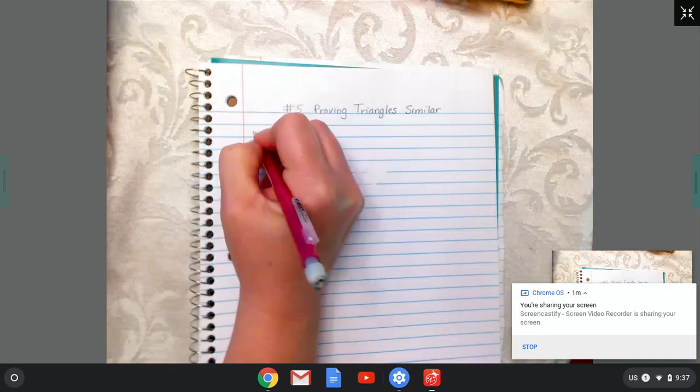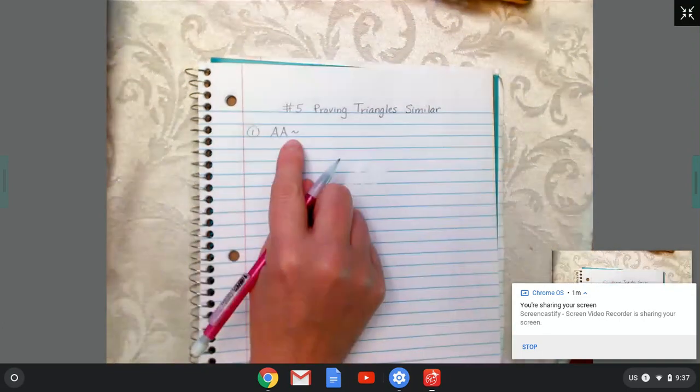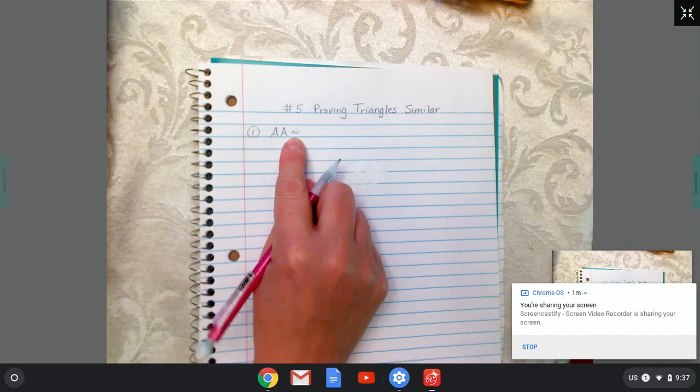The first one is angle, angle similarity, and that's the symbol for similarity.